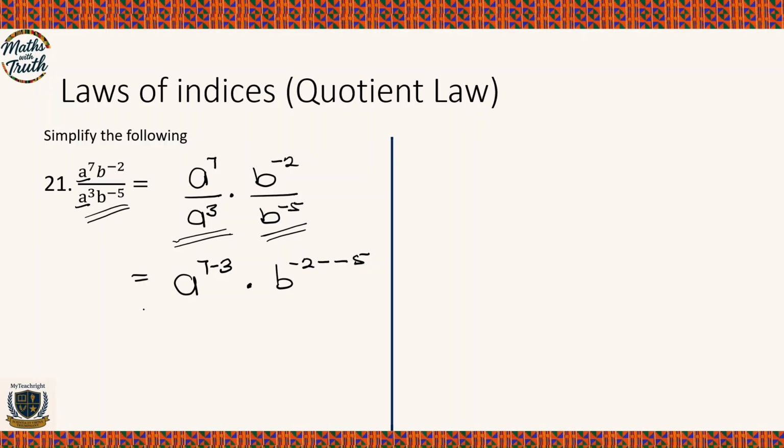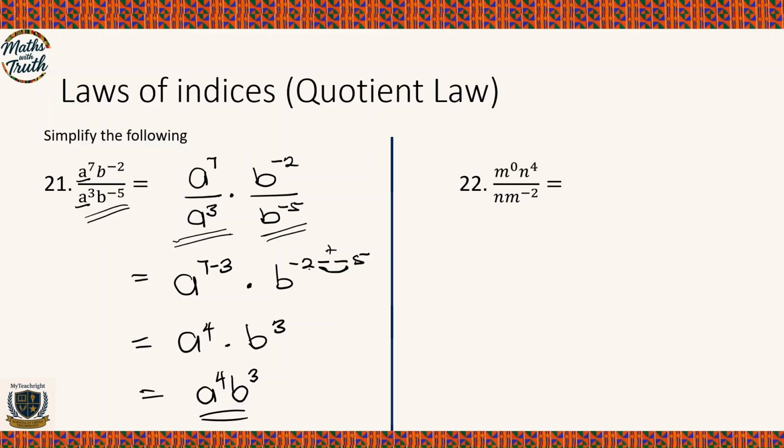So this then gives you a exponent 7 minus 3, that is 4, times b exponent -2 minus is plus 5. So -2 plus 5 gives you 3. And this is equal to a exponent 4, b exponent 3.